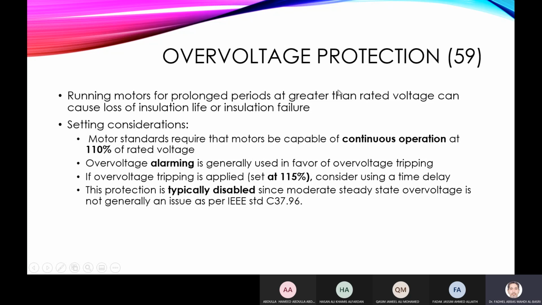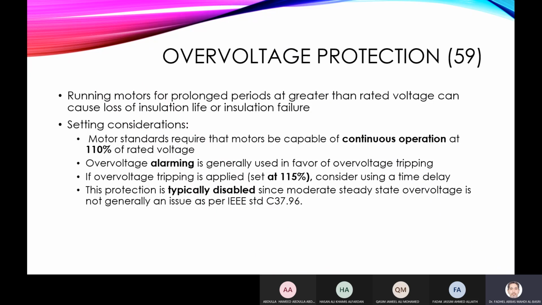For over voltage, it is the same. The majority of motors are designed by standard to continuously operate at a maximum of 110%, 10% more than the rated voltage. So you don't want to act if this happens. So why do we need to provide over voltage protection?